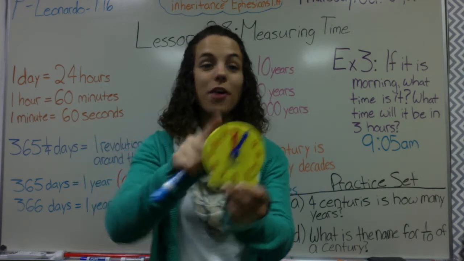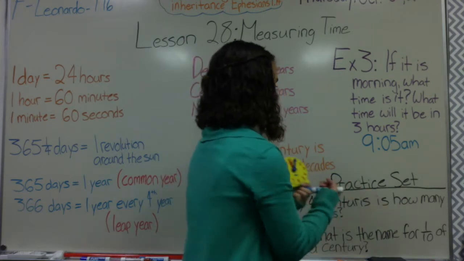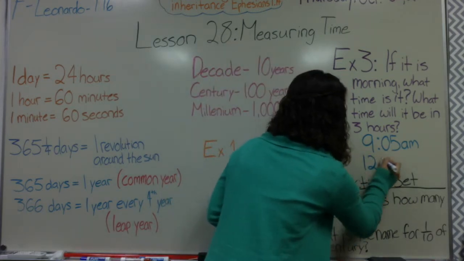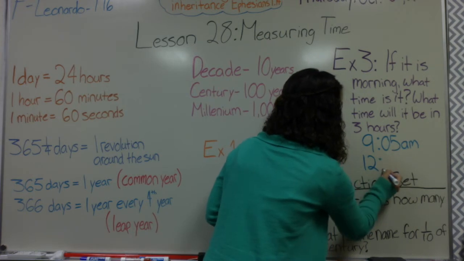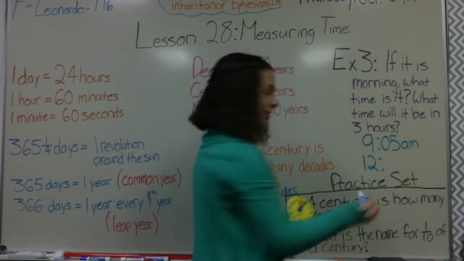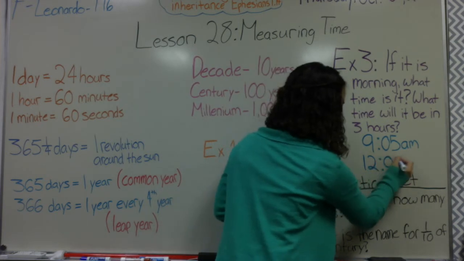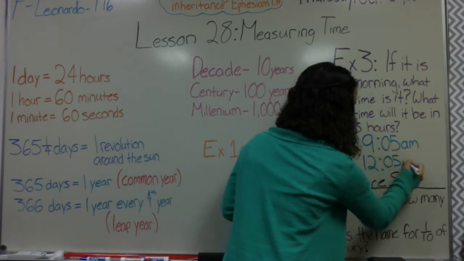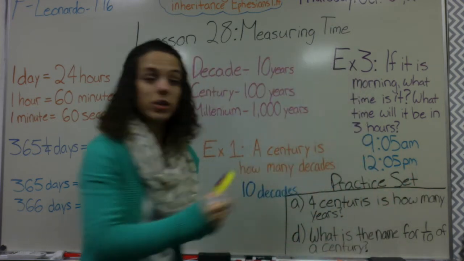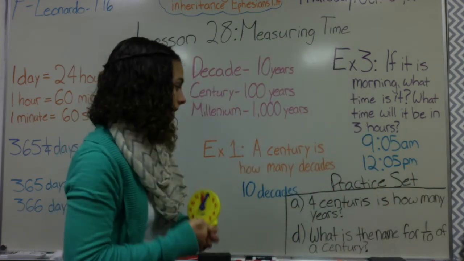It is 12:05 p.m. in 3 hours. You have to label correctly. It's 12:05 a.m. that would be your sleeping time. That's in the middle of the night. 12:05 p.m. is the afternoon hour. So that's what time it would be in 3 hours.